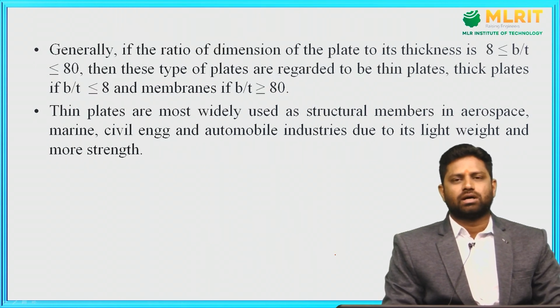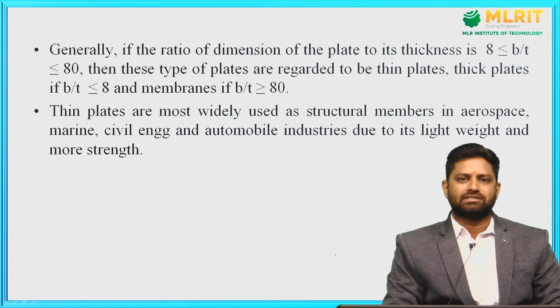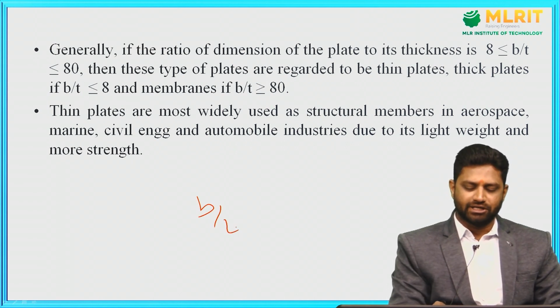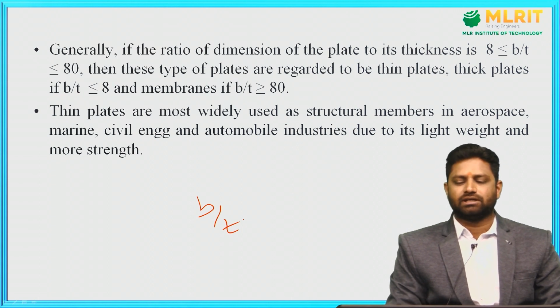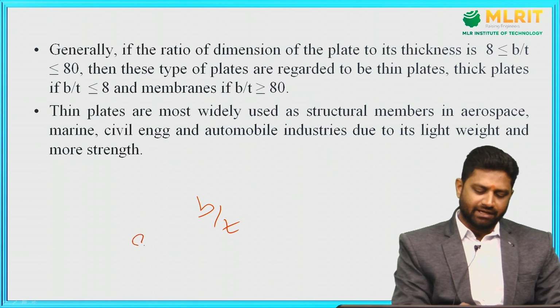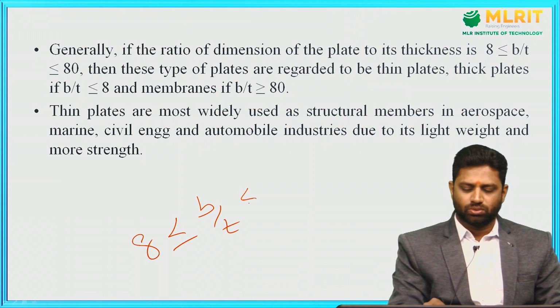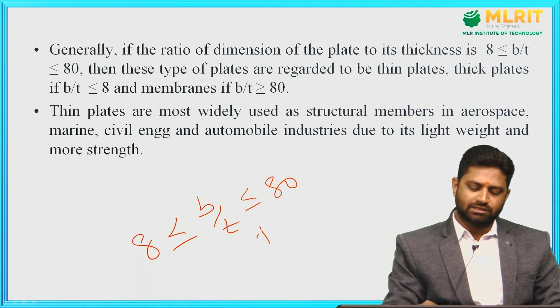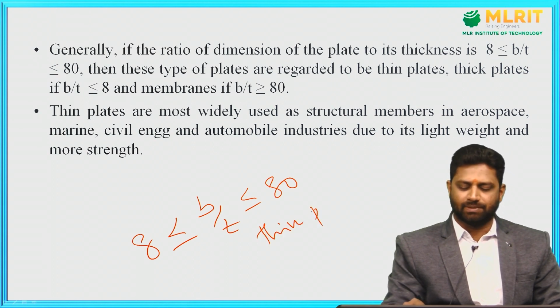Next, how are plates classified as thin, thick or intermediate? There is a ratio called the B by T ratio. If the B by T ratio is between 8 to 80, then these plates are regarded as thin plates.